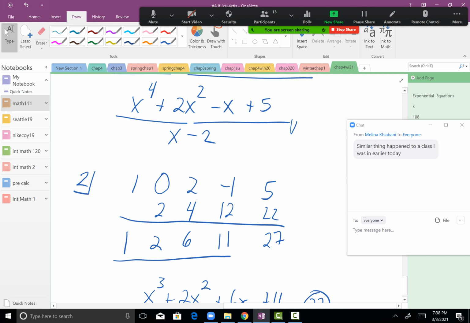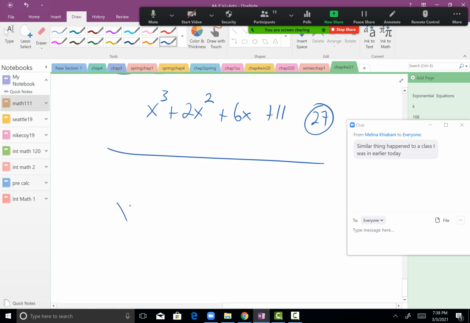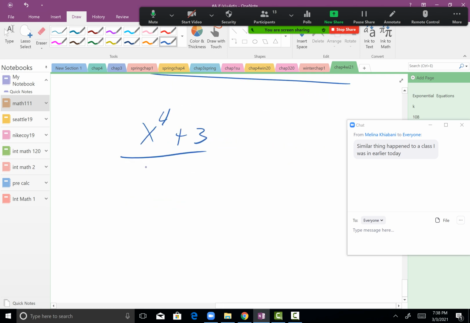So if they don't fall in line with each other, then we always put a 0 in? If you don't have, so see, this is x to the fourth plus 2x squared. Let me give you another example. If you had x to the fourth plus 3 and you were going to divide that by x minus 1, say, you would have to have 1 and a 0 for x cubed, a 0 for x squared, and a 0 for x.